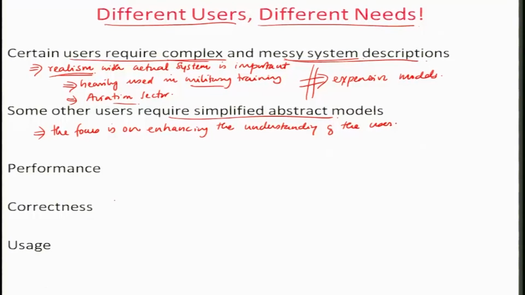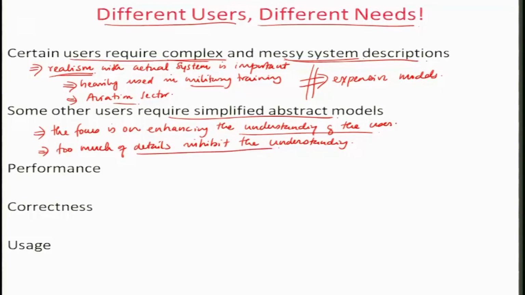The user is focused on enhancing the understanding of the system. Too much detail inhibits the understanding of the user. If you put too much detail into the system, it will inhibit the understanding of the user.